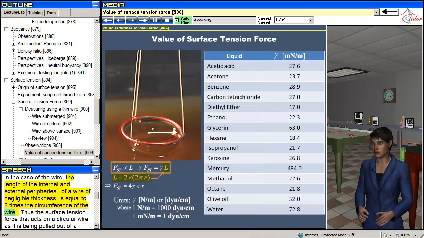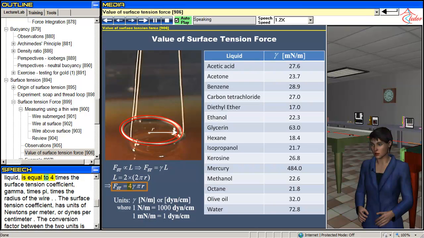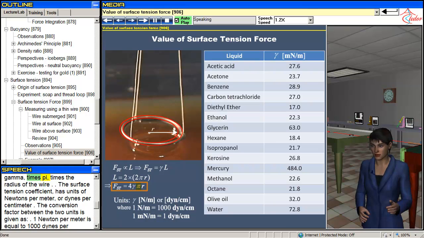Thus the surface tension force that acts on a circular wire as it is being pulled out of a liquid is equal to 4 times the surface tension coefficient, gamma, times pi, times the radius of a wire.